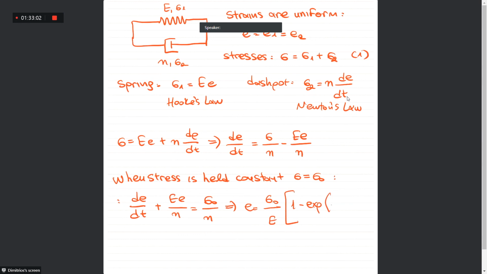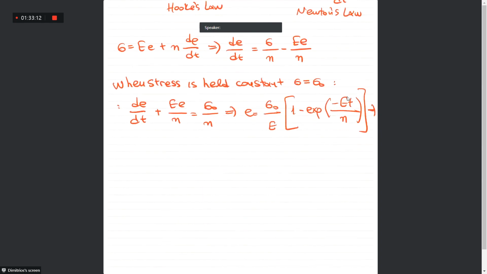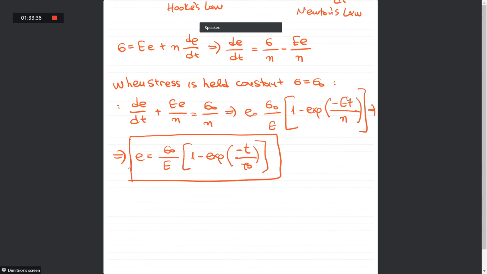How much time do we have? Okay, 5 more minutes. I think that should be okay. So the strain is given by this equation, sigma 0 over E times 1 minus exponent of minus t over tau 0, where tau 0, we already said before, is the relaxation time.